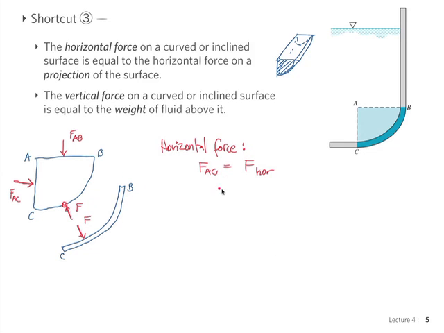And in the vertical direction, we have FAB. But let's not forget the weight of this fluid. Plus the weight has to be equal to the vertical component of the resultant.